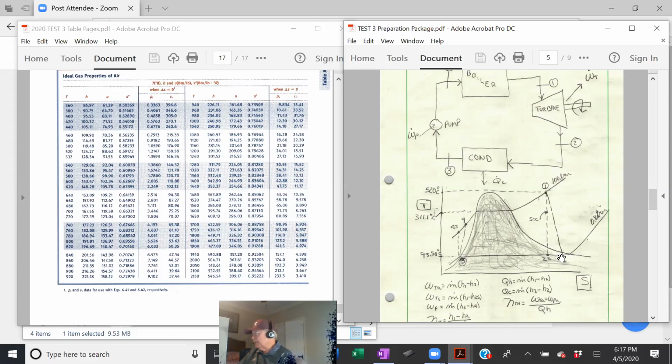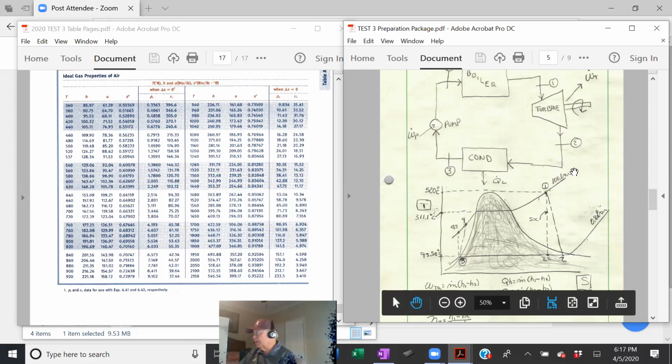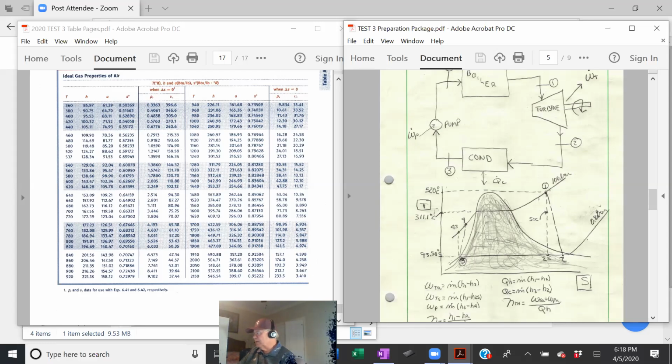Now, sometimes this state 2 hits over here at the saturated liquid line. It may actually hit a little bit out here in the superheated zone, but generally it hits in here where there's a quality of 95, 90, or whatever percent. Just looking at this, the isentropic looks like it ends with a quality of about 80%, I don't know.